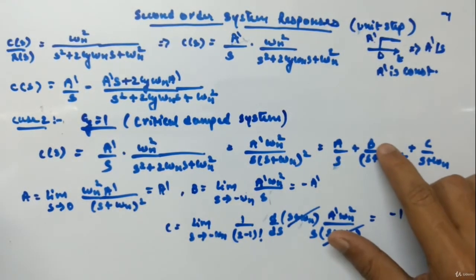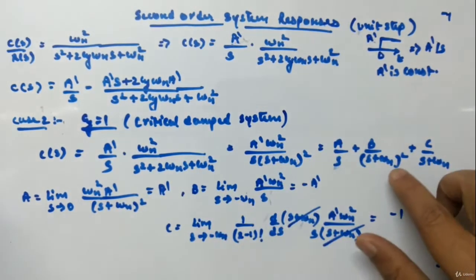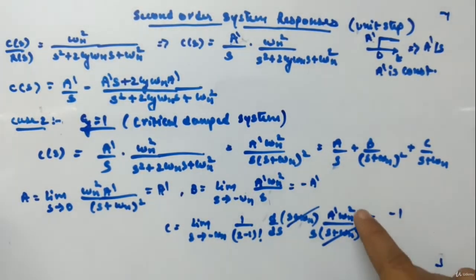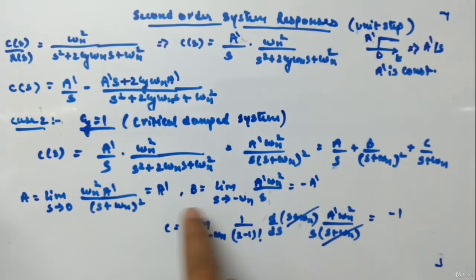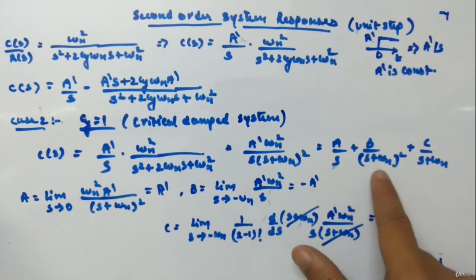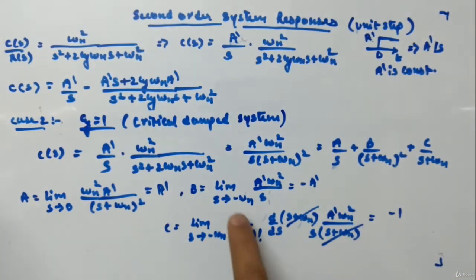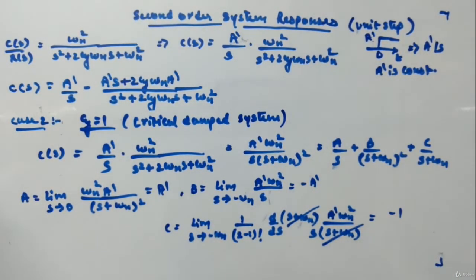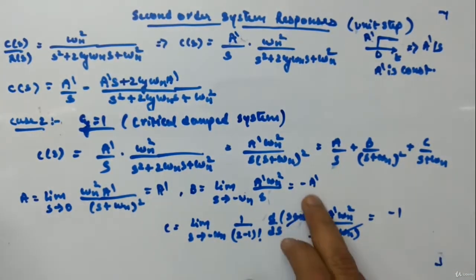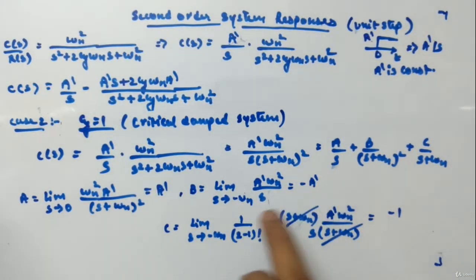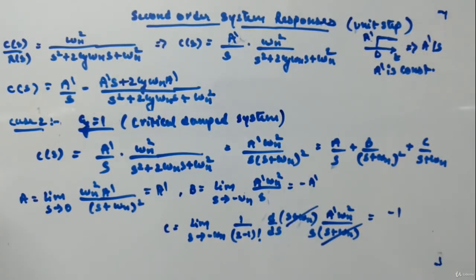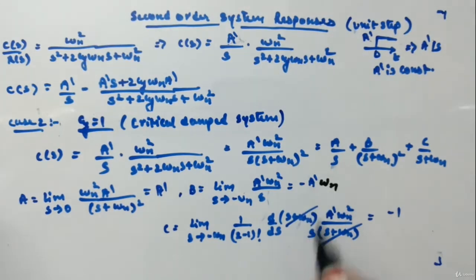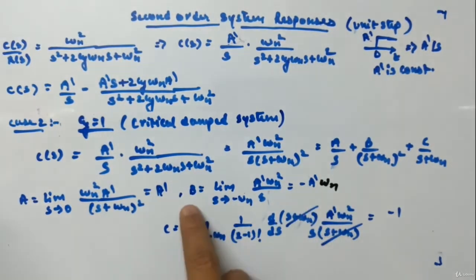Similarly, if you want to calculate b, for it bring this term here, (s plus omega n) whole square will get cancelled, so you will get a dash omega n square divided by s, and the pole is at s equal to minus omega n, that's why s tends to minus omega n. That's a way of calculating the terms in partial fractions. So this will be minus a dash, since minus omega n will be here, omega n will get cancelled. Okay, sorry, it should be minus a dash omega n. So this is our b value, this is my a value.